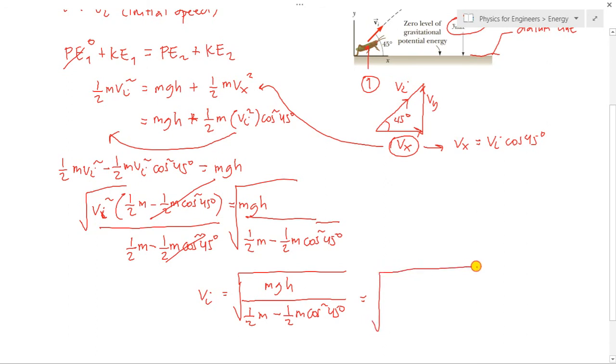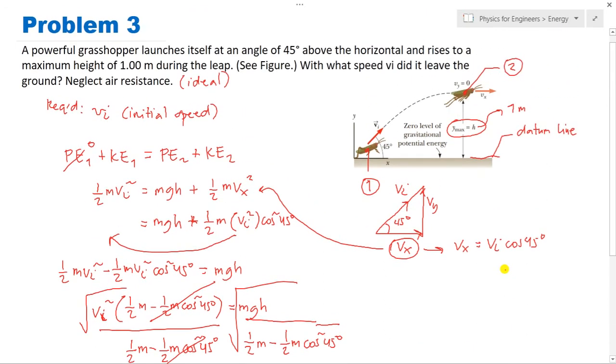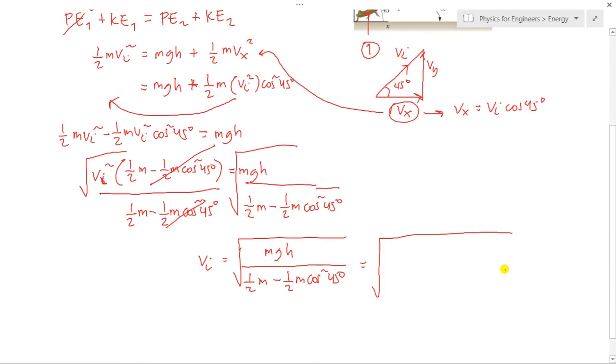Now substituting the values, the mass of the grasshopper is not given, but since m is common in the numerator and the denominator, we can cancel it out. If we factor the denominator in terms of m, it cancels with the numerator. So we now have g and h: 9.81 multiplied by the height of 1 meter, divided by 1/2 minus 1/2 cosine squared of 45 degrees.